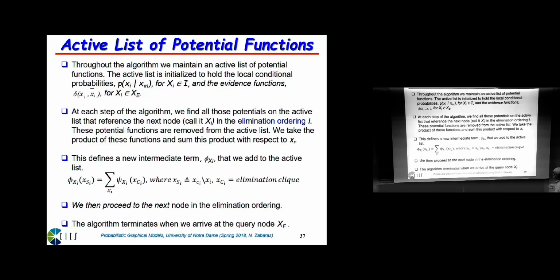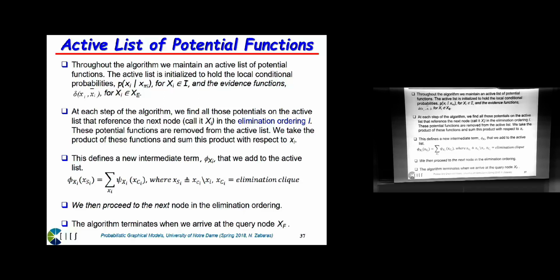To come up with this potential, we had this product that contains xi, and contains the nodes affiliated in these potentials with node xi. And these nodes are related to what I call the elimination clique in the graph. So I remind you, a clique is a set of nodes that is fully connected.